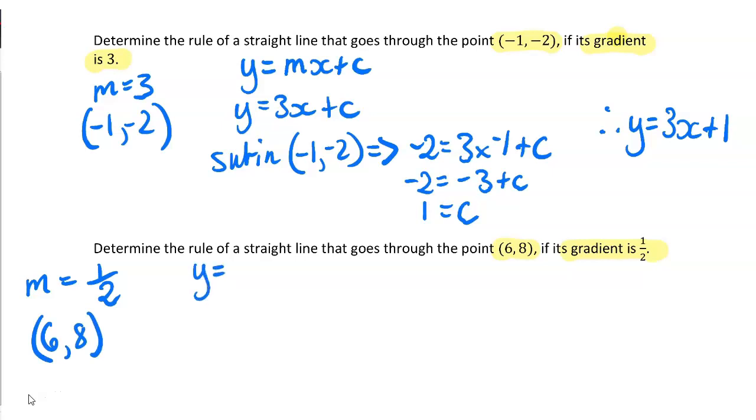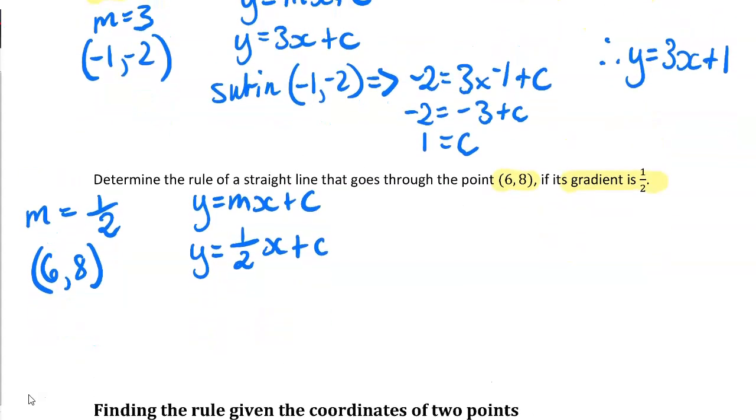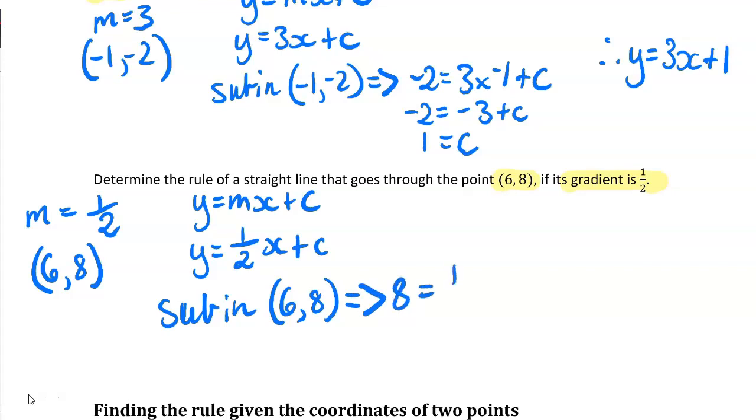Our general form is y equals mx plus c, so we know that the equation must be y equals half x plus whatever c is. Now I sub the point I know into the equation: 8 equals half times 6 plus c.